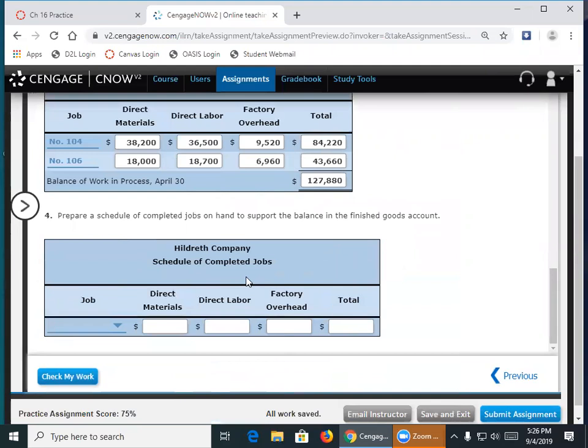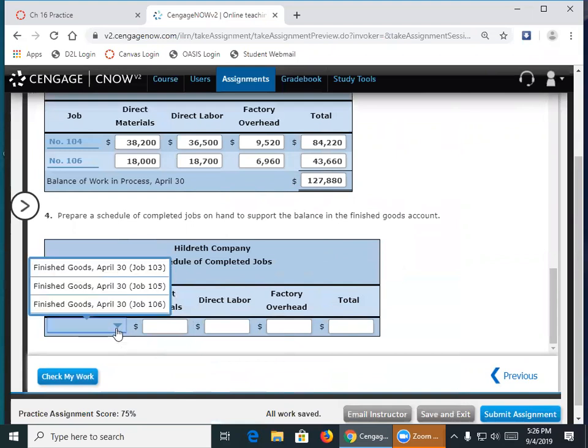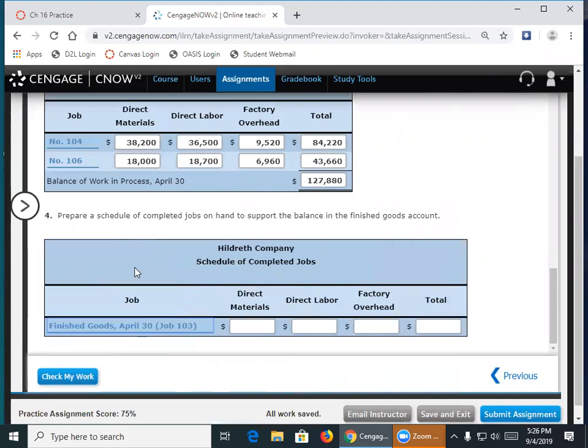And then it wants to do a schedule of completed jobs. Well, you're just putting them all together. Or no, this is just finished goods, sorry. So just the job that was finished and not transferred out, so it wasn't sold. The only job that's left in finished goods should be job 103, and we're just listing its costs. Direct materials is 13,440.